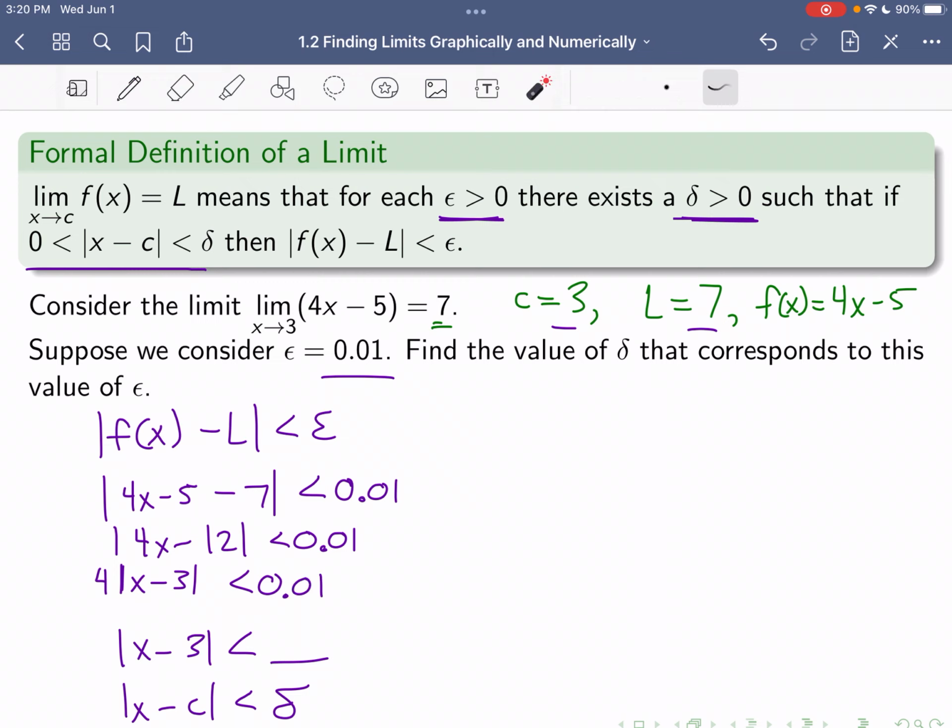We're trying to get the absolute value of x minus 3 on the left-hand side, so we can just divide both sides by 4. Then we have our value for delta. 0.01 over 4 is 0.0025. So delta is equal to 0.0025.